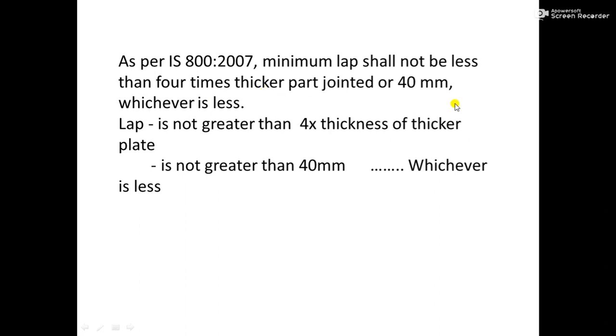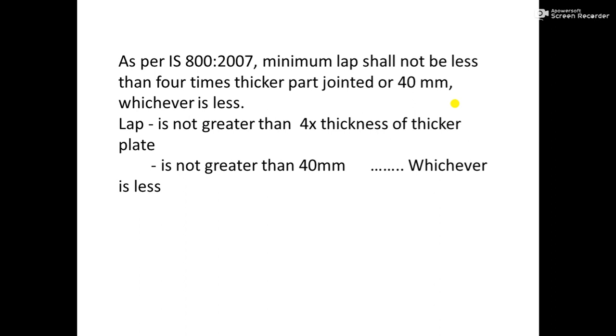Suppose there are two plates, one plate is 10 mm, another plate is 8 mm. Then the thicker section is 8 mm, and 4 times that is 8 into 4, that is 32 mm. This is the minimum lap, 32 mm, or 40 mm, whichever is less.